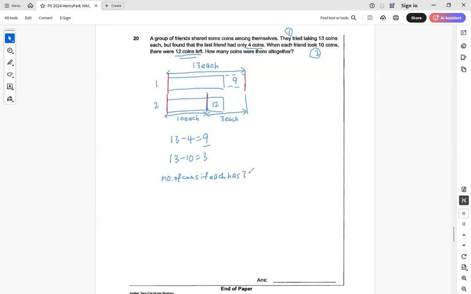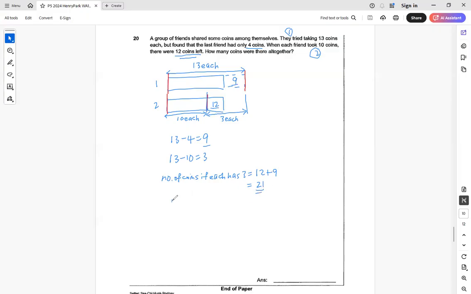Looking at the model, within here to here is 12 plus 9. So let me write 12 plus 9 is 21. So if each friend took 3 each, that actually adds up to 21.